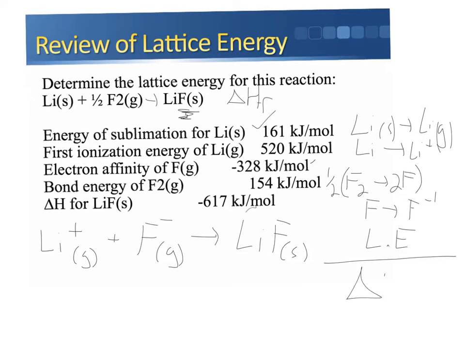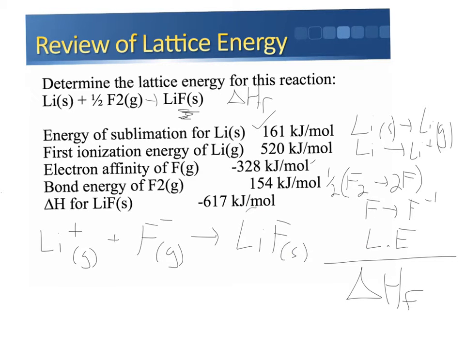All of that equals delta H. Delta H of formation is the final. So in this problem, when they give us delta H, they're giving you the final. X, your lattice energy, is on this side of the equation, so don't forget that little tiny piece. Otherwise, we just need to manipulate these and add them together.